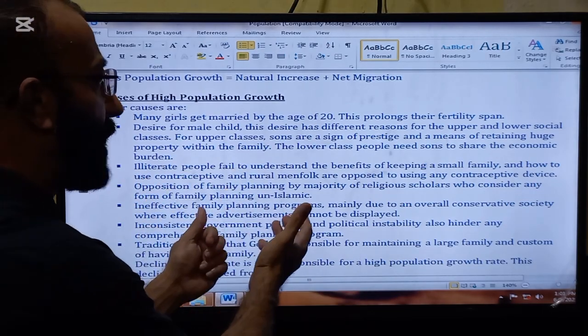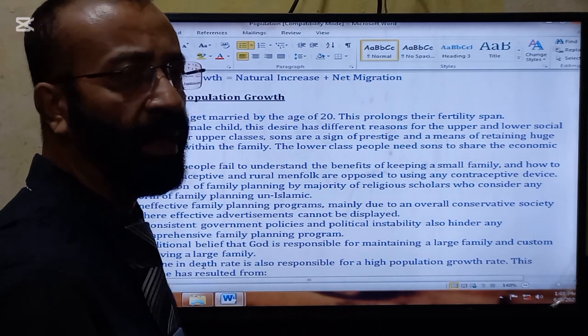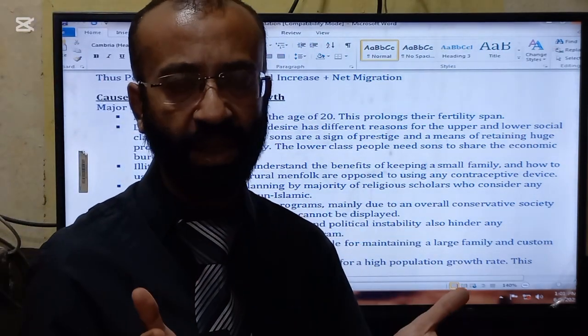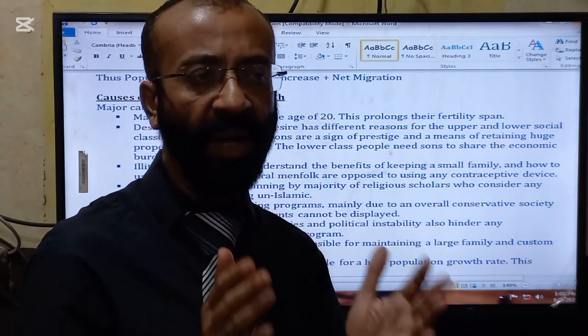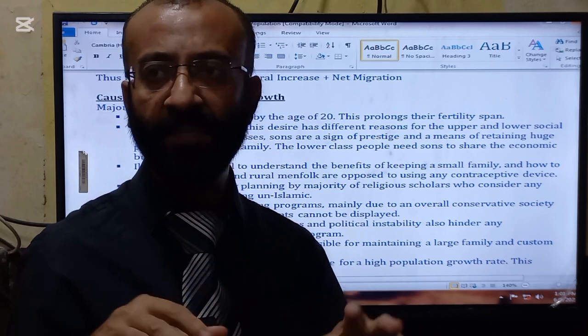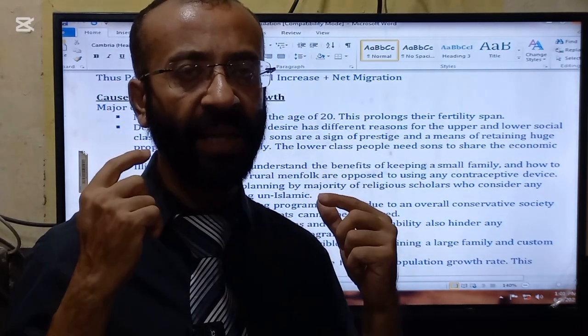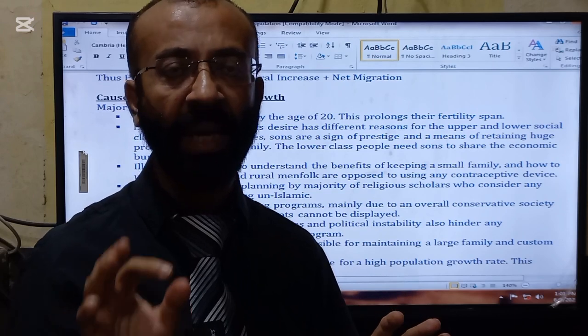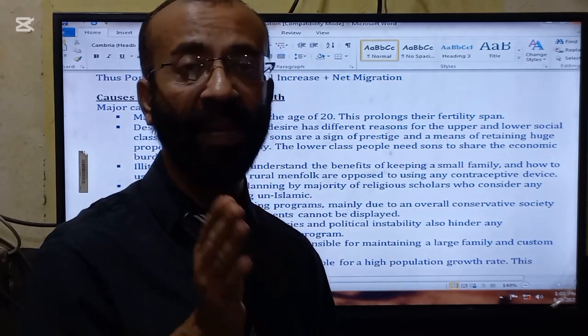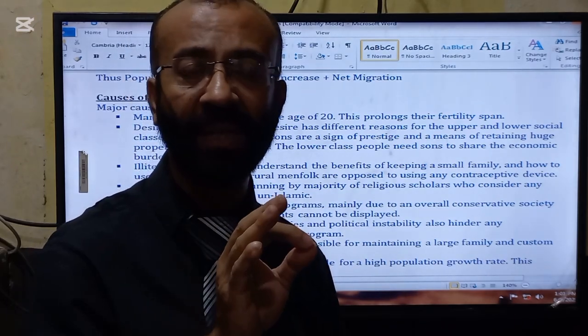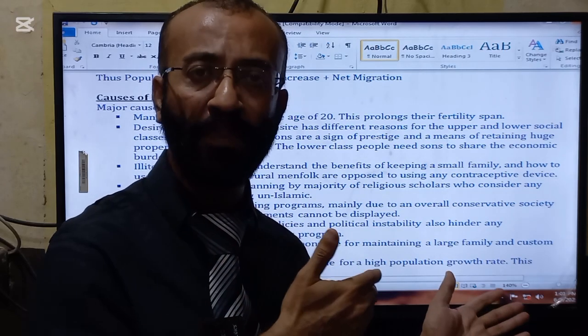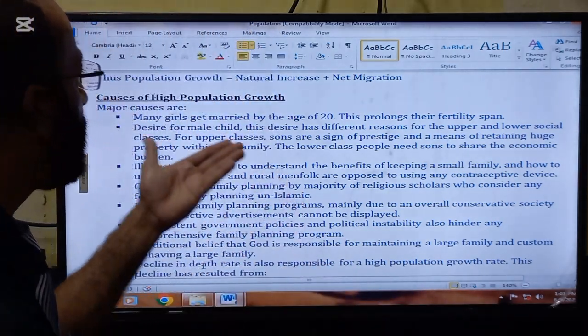They fail to understand the benefits of keeping a small family. A small family means less burden, fewer requirements, less burden for you to earn as well. But they fail to understand this, and at the same time they fail to understand the use of contraceptive devices. They are opposed to it. So these are the reasons.